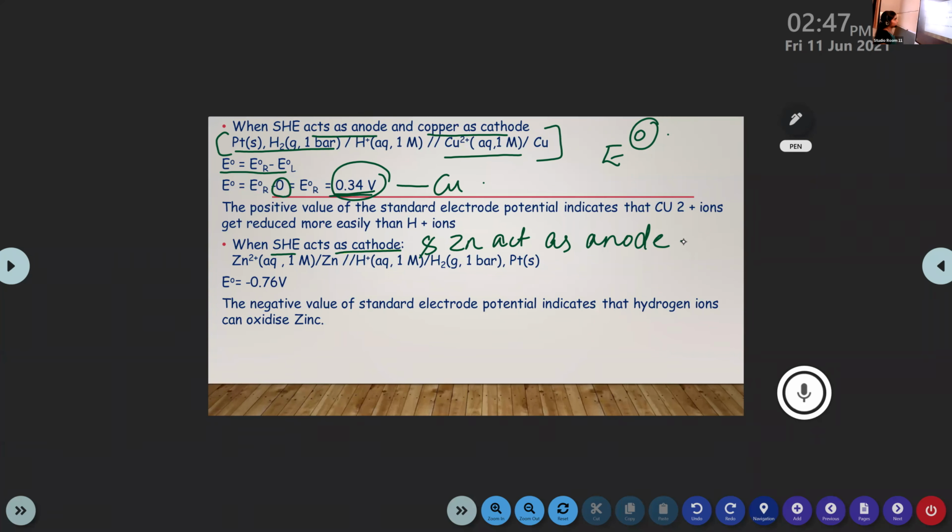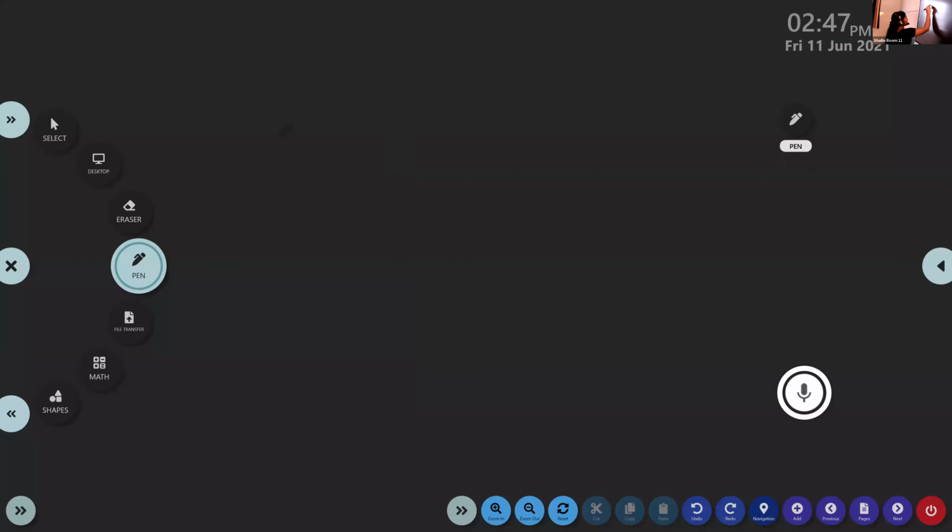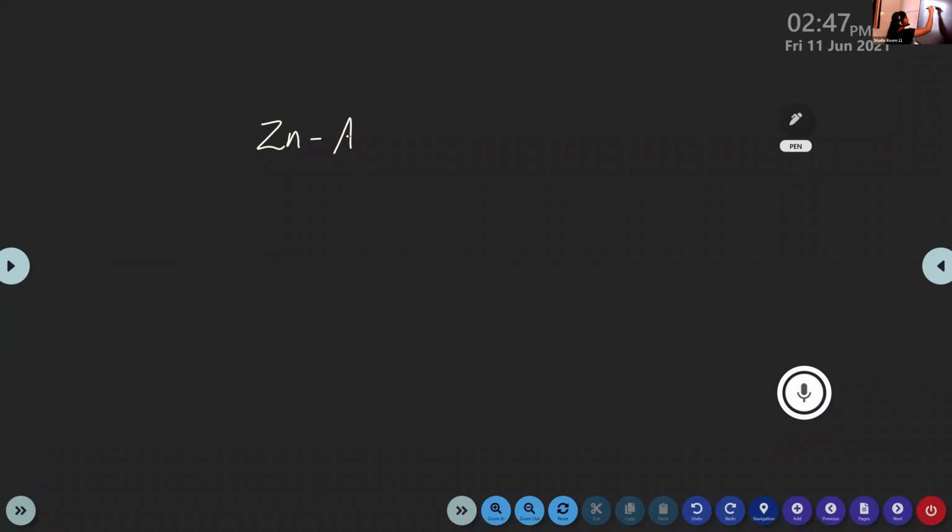Now we are going to find out the same thing. Zinc anode, SHE cathode. This is the second case.